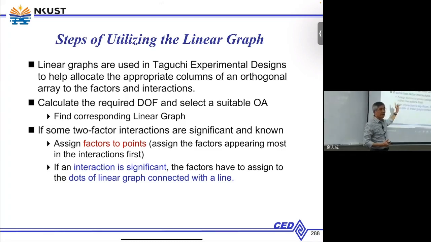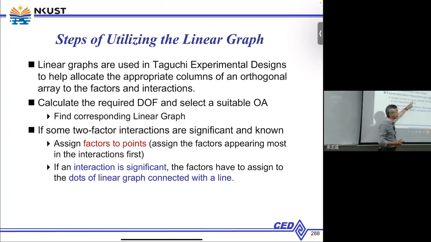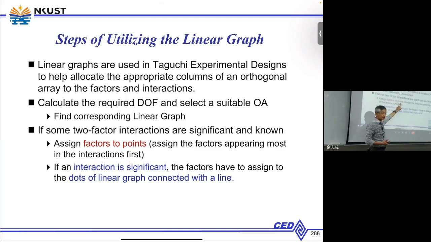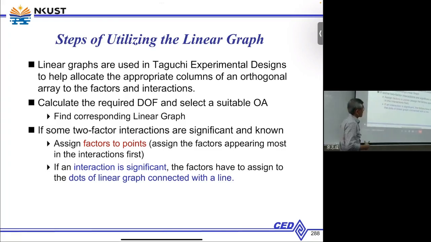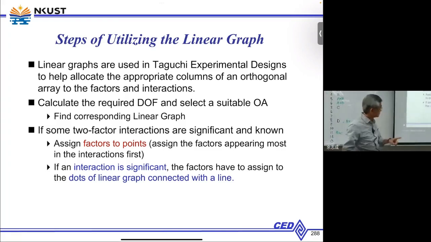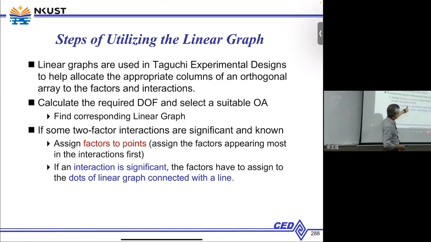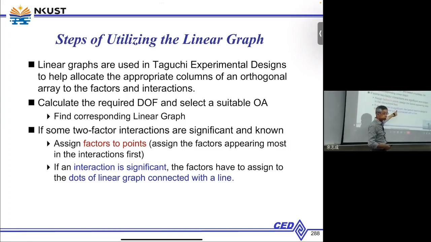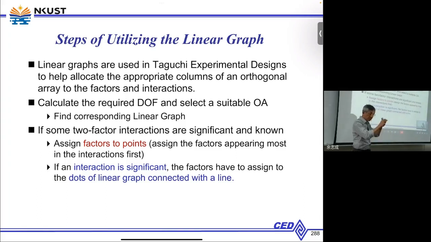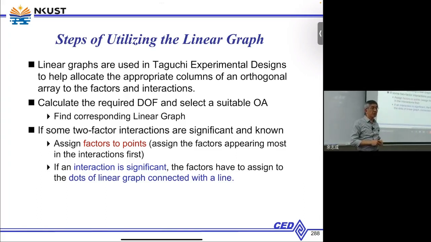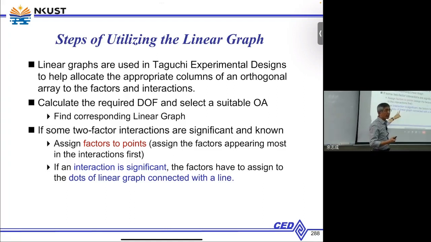First, you assign your factors to the point. Remember, to the point. And if the interaction is important, then the factors for those important interactions, such as A and B, have to be assigned to the dots with a line connected to each other.